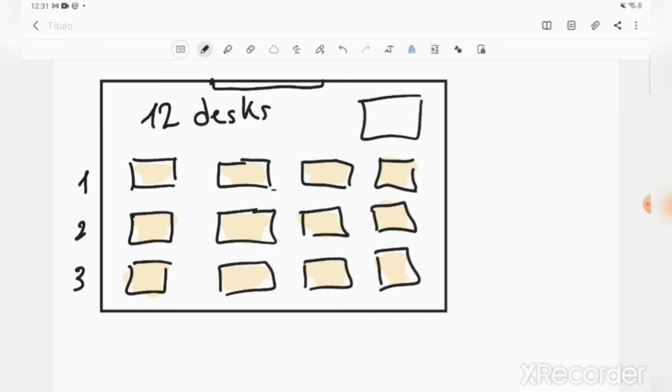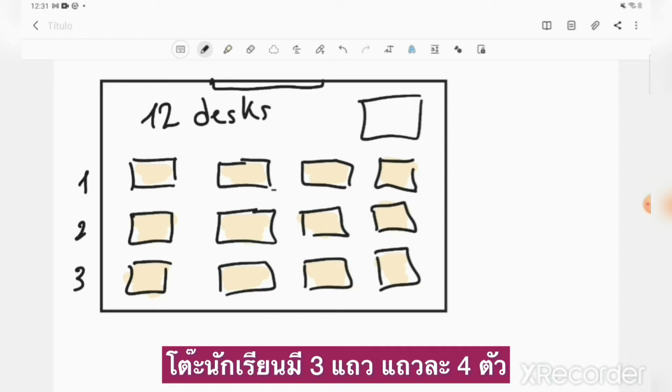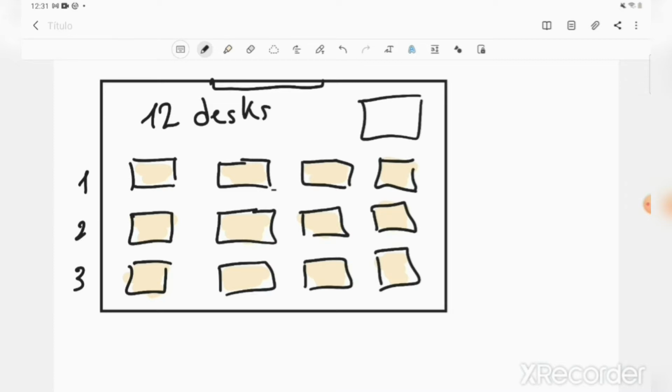So we think, okay, there are 3 rows, and each row has 4 desks. Okay, so we can say, okay, 1 row 4, the second row 4, or the third row another 4. So we got 4, 8, 12 desks. You see the same result.